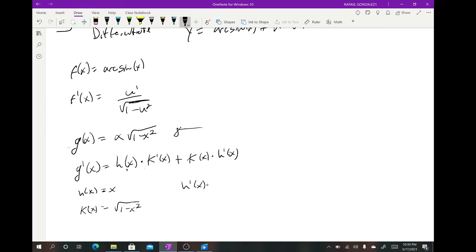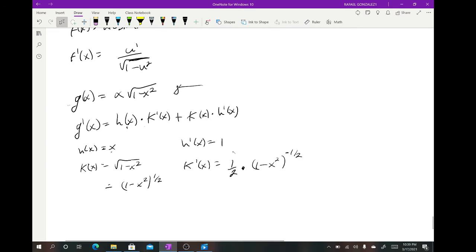Now the derivative of h is just 1, because the derivative of x is 1. And the derivative of k of x, well, let's rewrite this. This is 1 minus x squared to the power 1/2. So it's going to be equal to 1/2 times 1 minus x squared to the power negative 1/2.